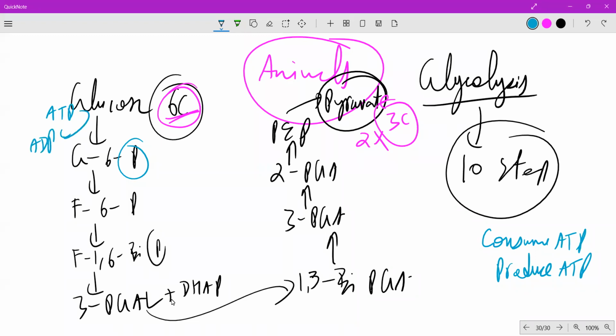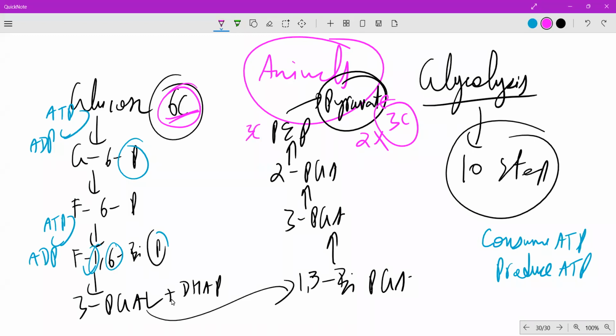We get phosphate. Fructose 6-phosphate to fructose 1,6-biphosphate. एक एक्स्ट्रा फॉस्फेट आ गया यहाँ पे. हाउ डू वी गेट दिस? अगेन ATP is converted to ADP. So glycolysis is also consuming ATP. In the next set of reactions, it produces ATP.